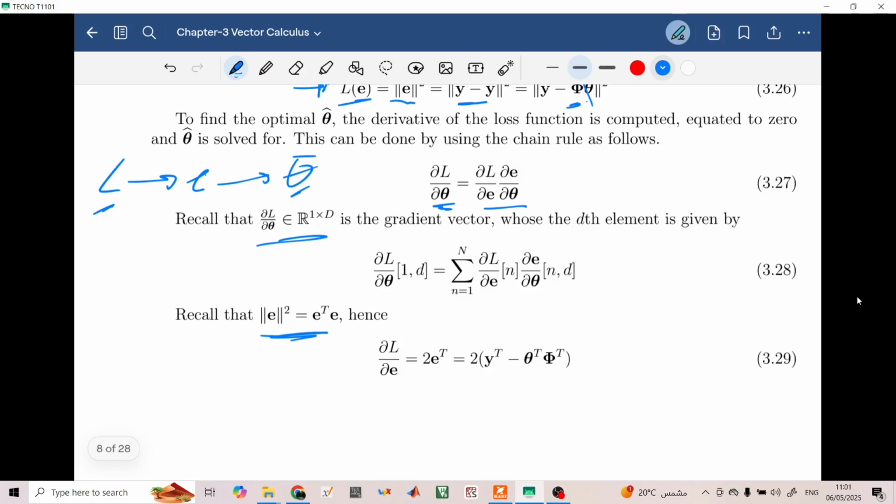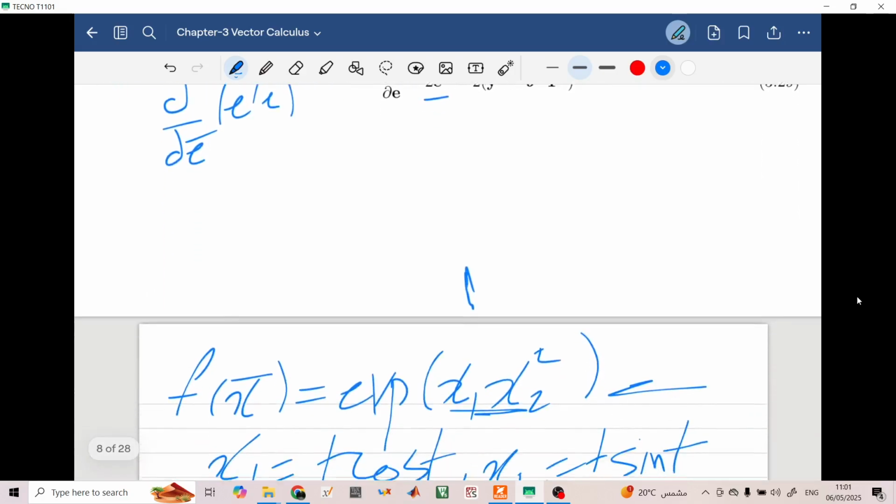The norm squared is E transpose E, right? So if we take the derivative of E transpose E, we'll get 2E transpose. How did you get there? Okay, so I think we should elaborate a bit more.